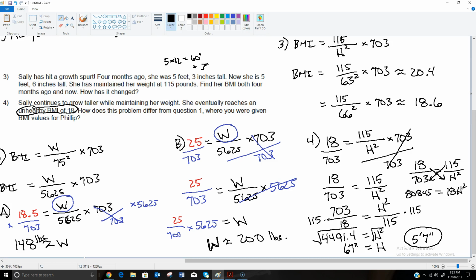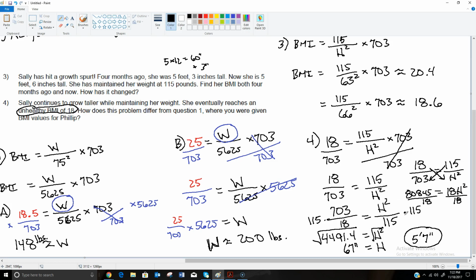And then at that point, to get this h alone, you'd want to divide by 18. Some people like that a little bit better. Once you do that, you end up at this same step. You would get 4,491.4 equals h squared. So you would just kind of offshoot and do these two steps to get this instead of flipping the equation over and multiplying by 115.